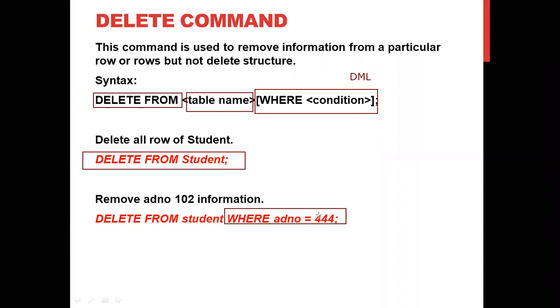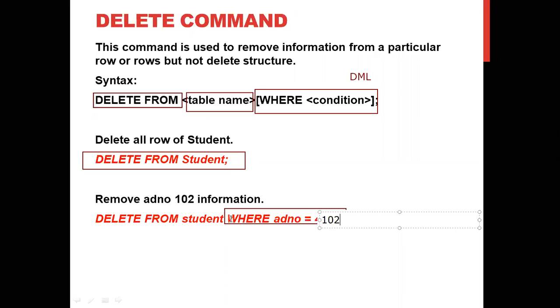For example, 102. If you want to delete particular information, we have to give the WHERE condition, for example to remove the information of admission number 102: DELETE FROM student WHERE admission number equals 102.